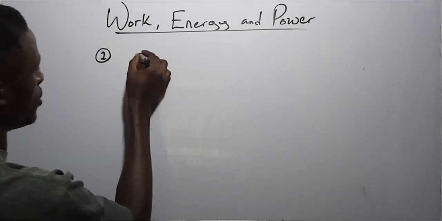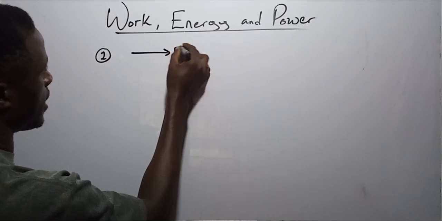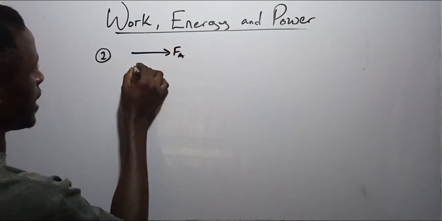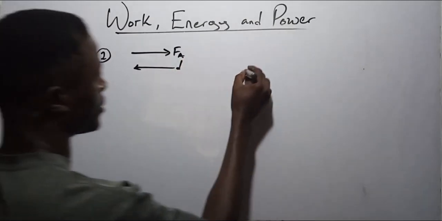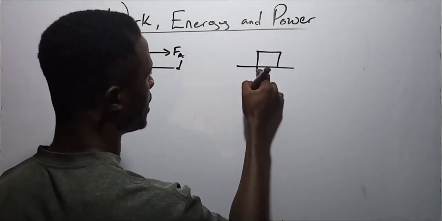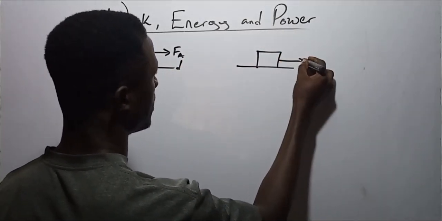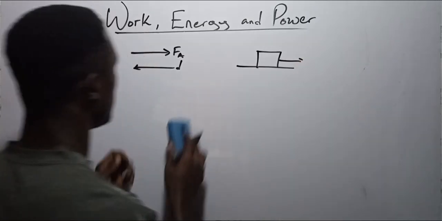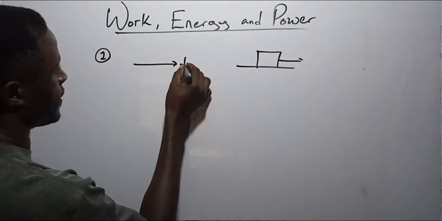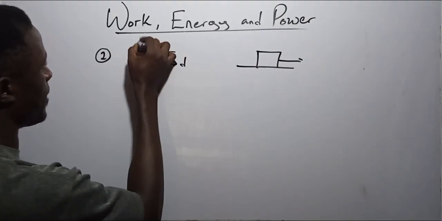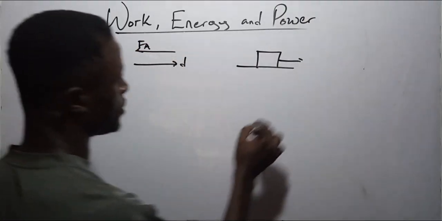Case number 2: when an applied force is in this direction, but the displacement vector is in the opposite direction. Let me show you in a diagram. Let's assume the displacement vector is in this direction and I apply the force in the opposite direction.